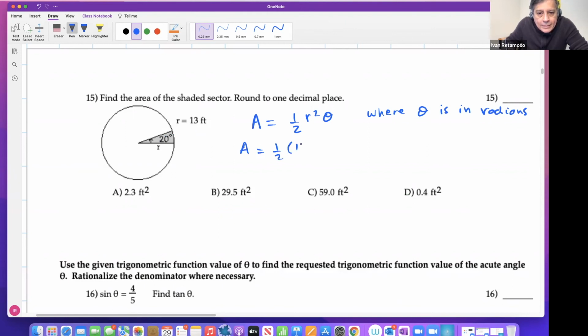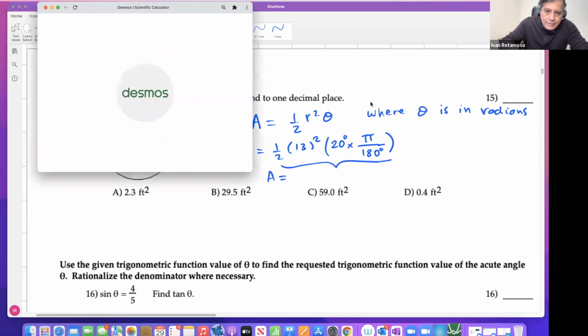R is 13 feet, so 13 squared, times theta. Theta is 20 degrees. It's not in radians, not a problem because you can convert this to radians: 180 degrees on the bottom, pi radians on the top. So compute this and round it to 1 decimal place.